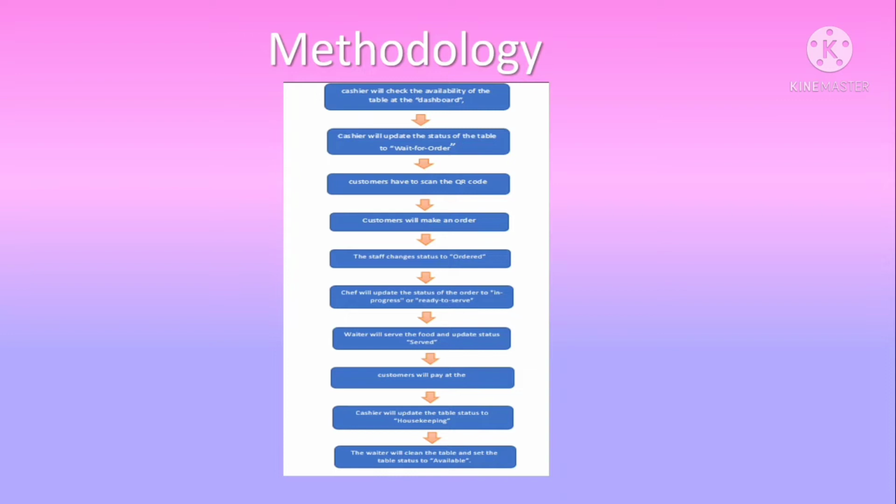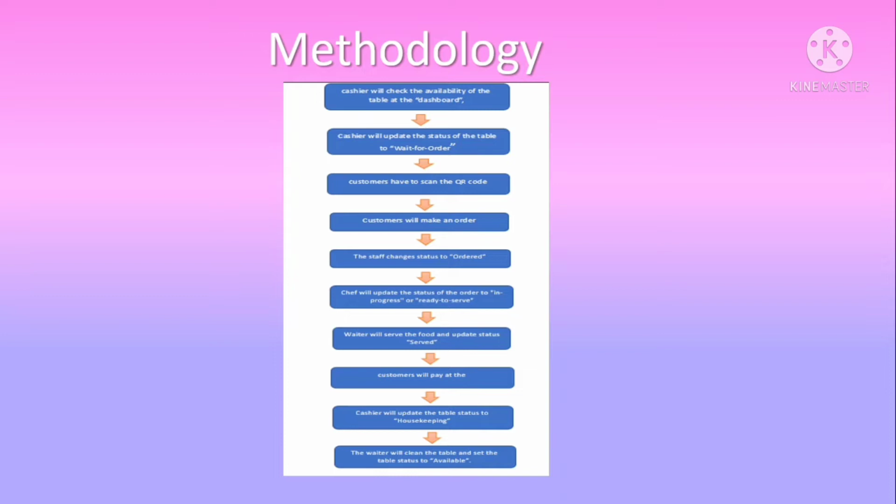The customer will make an order, choosing the order for table A, B, C or D or another table, and then the staff will change the status of the table from available to order, and the chef will update the status of the order to in progress or ready to serve.